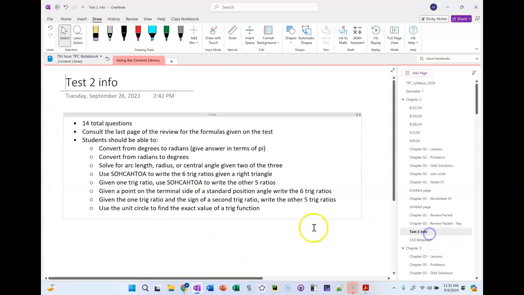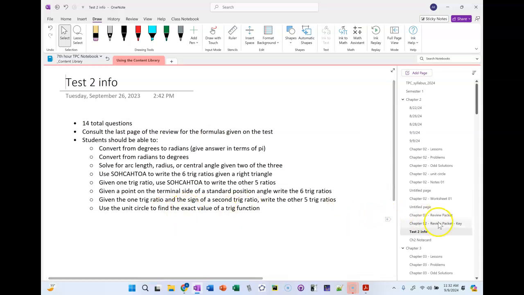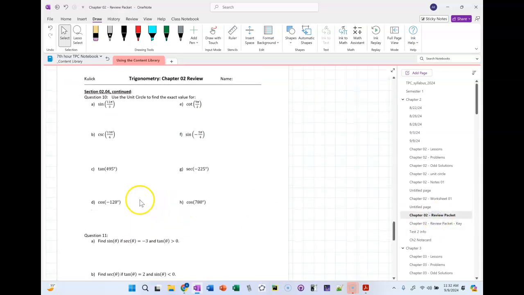And then my last bullet says use the unit circle to find the exact values for a trig function. If I look at the review, that's like question 10. Yes, correct. You'll never, in this class, be asked to memorize the unit circle. You'll never have a test where I don't give you one to use.